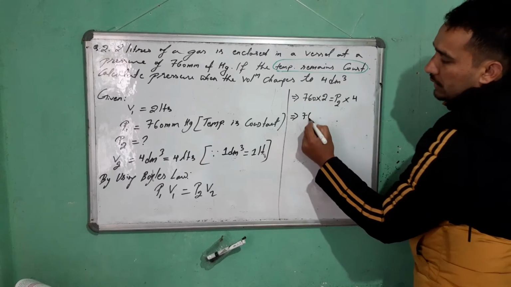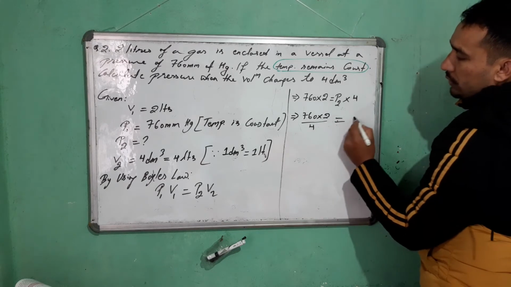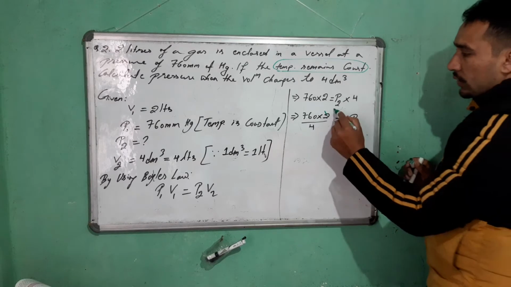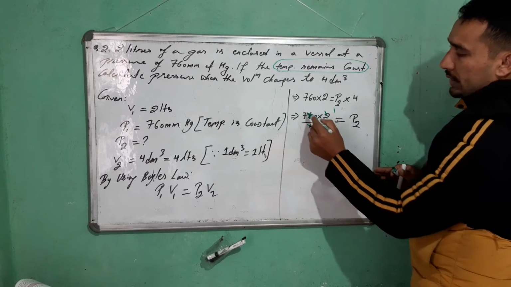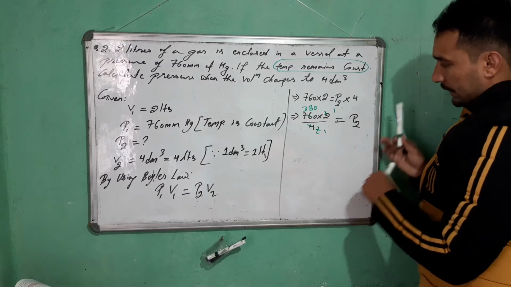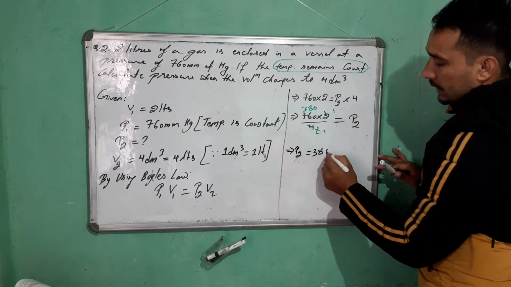So 760 into 2 divided by 4 is equal to P2. Do the cancellation: 2 ones are 2, 2 twos are 4, 2 threes are 6, 2 eights are 16, 380. It implies P2 is equal to 380.